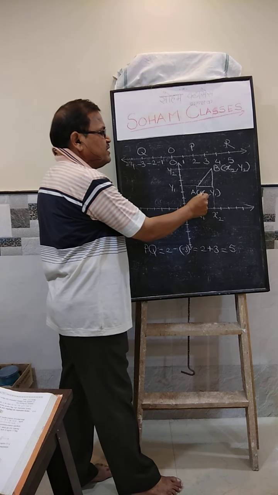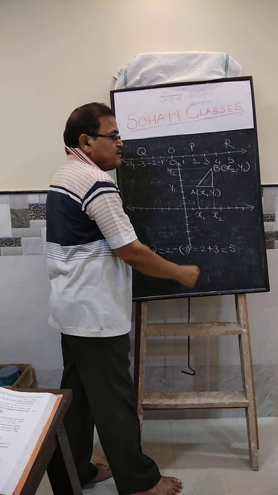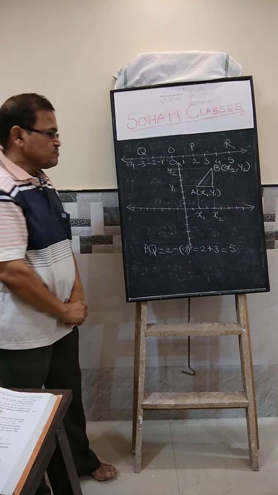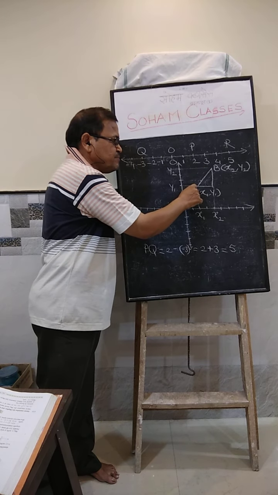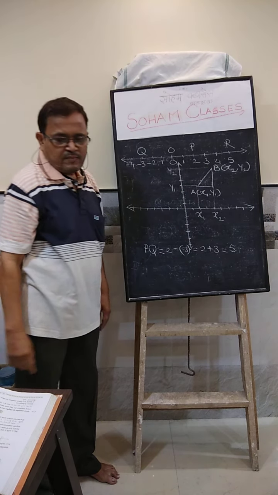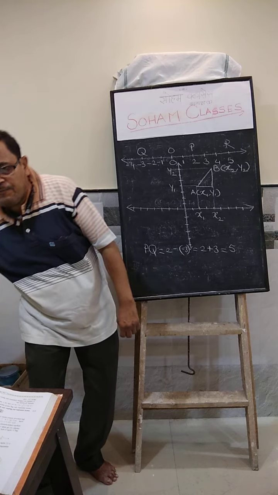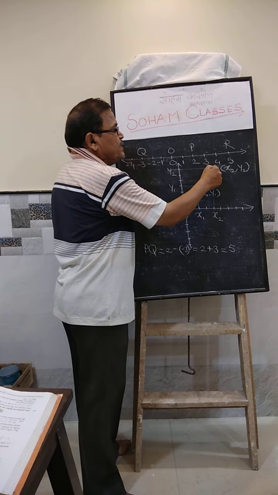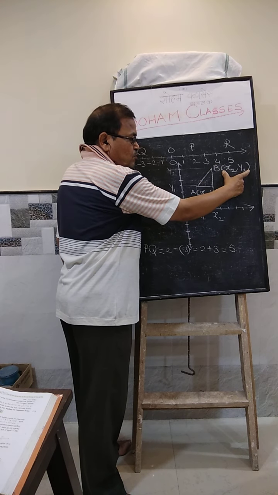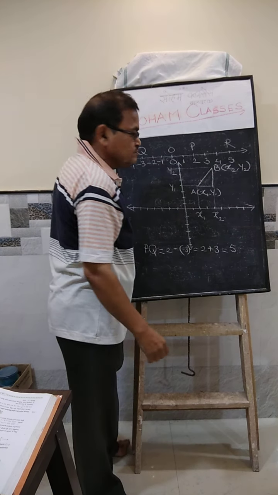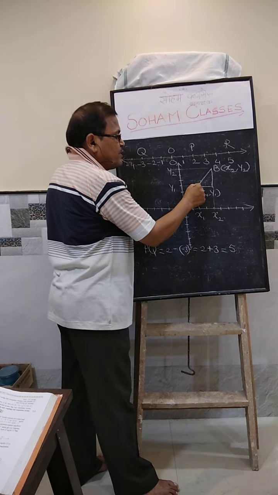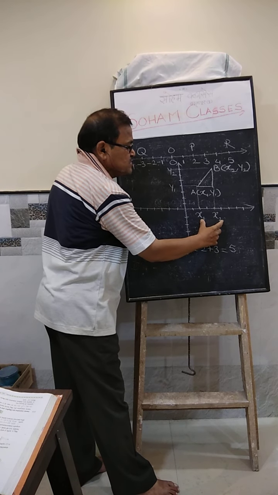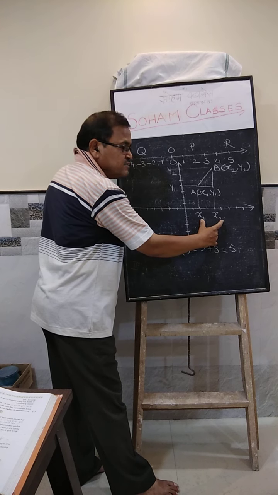Suppose point A has coordinates x1, y1 and point B has coordinates x2, y2. Then how to find the distance between A and B? Very easy. If B has coordinates x2, y2 and point A has coordinates x1, y1, then this distance is x2 minus x1.